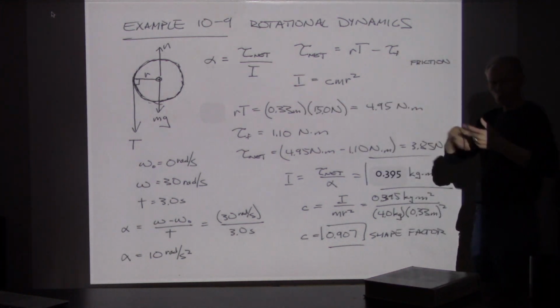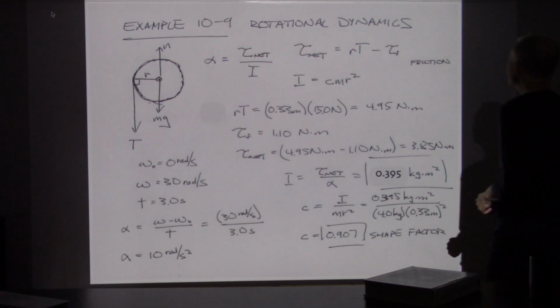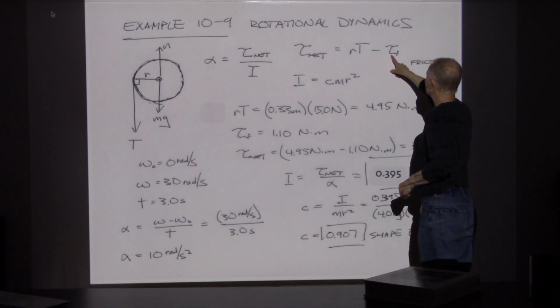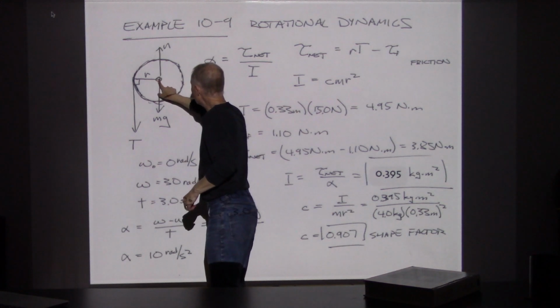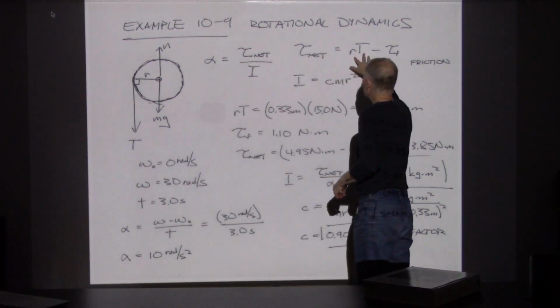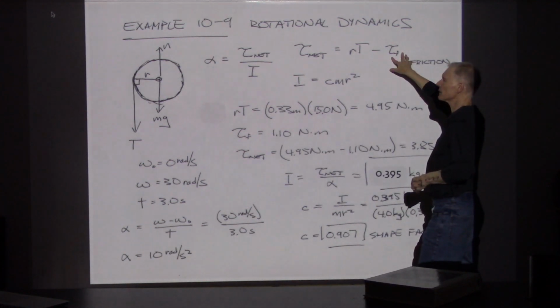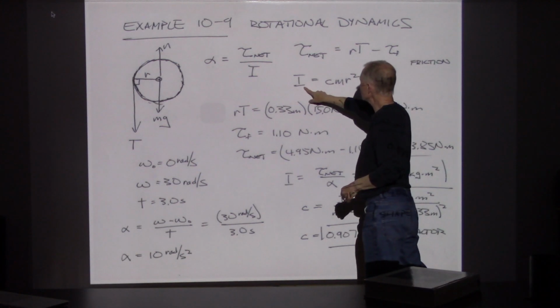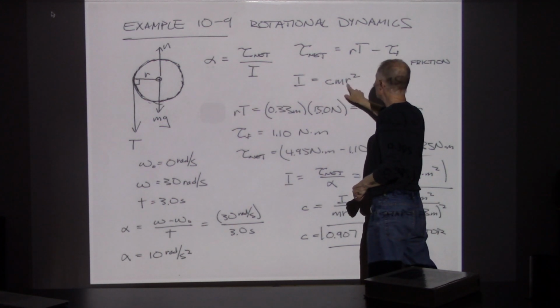So this pulley isn't completely without friction. So we're going to have to include a frictional torque, and that frictional torque is taking place, again, right here in the hub. So I'm going to have a torque tending to pull this down, and then I'm going to have some kinetic friction that's opposing that.